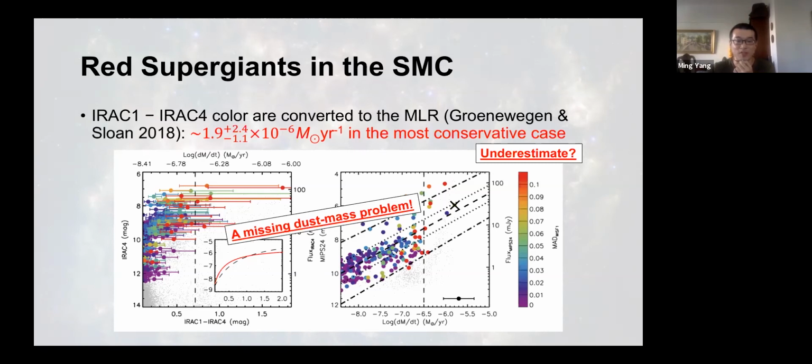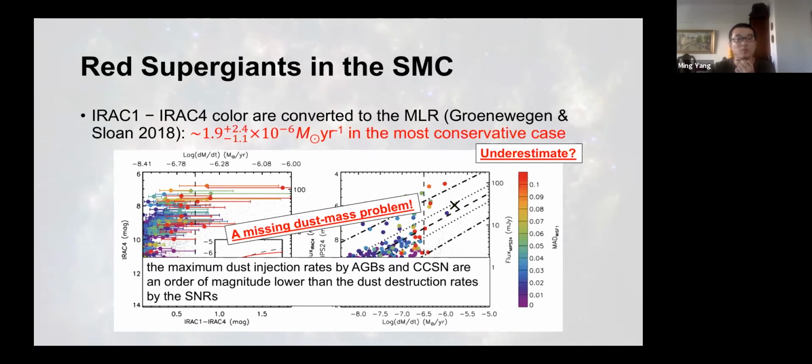Because we have this missing dust mass problem. The maximum dust injection rate by the AGB stars and core-collapse supernovae is an order of magnitude lower than the dust destruction rate by supernova remnants. So if we increase the mass loss rate of the red supergiant stars, we may fill the gap.